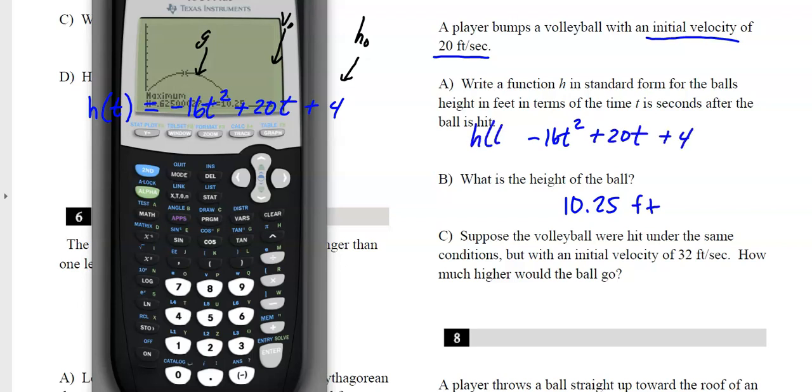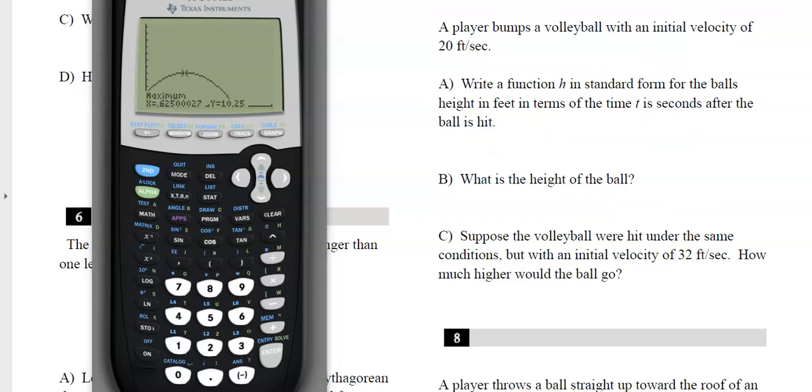was h of t. And suppose the volleyball were hit under the same conditions, but with a stronger velocity. So instead of 20, we want to change this number right here, and we want to change that to 32, and see how that's going to change things. So let me come over here, and I'm going to change this to 32.